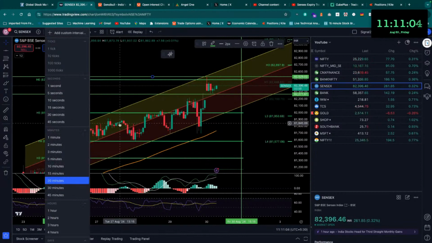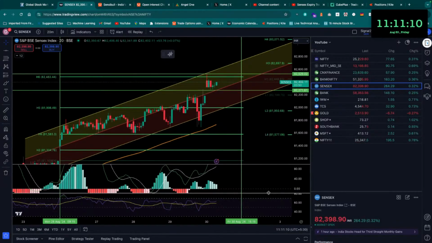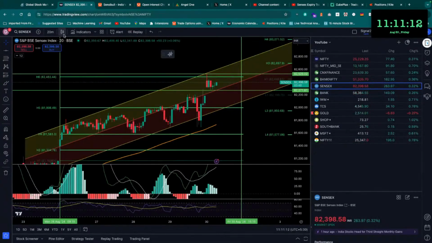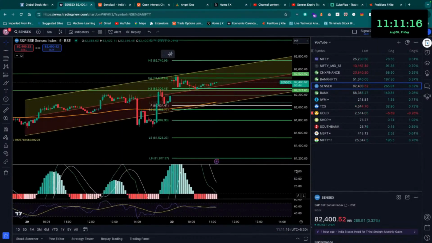In fact, even this MACD is a bit of a consolidation zone from the green perspective, and then let's go to 5 minutes.